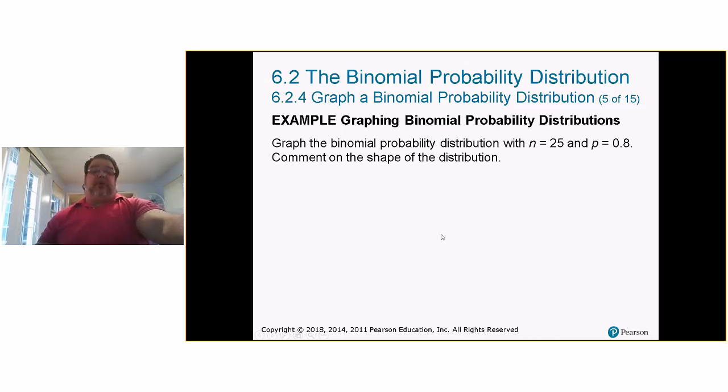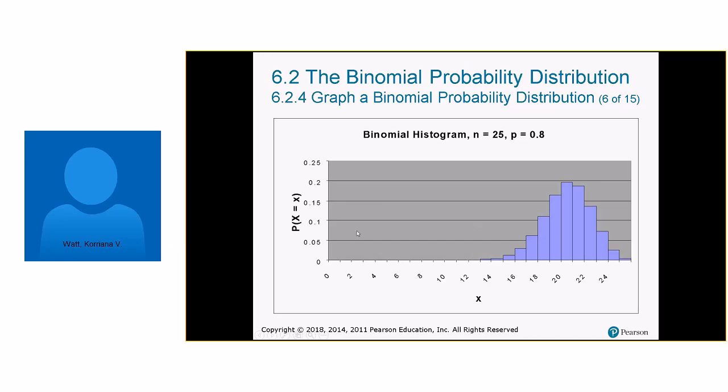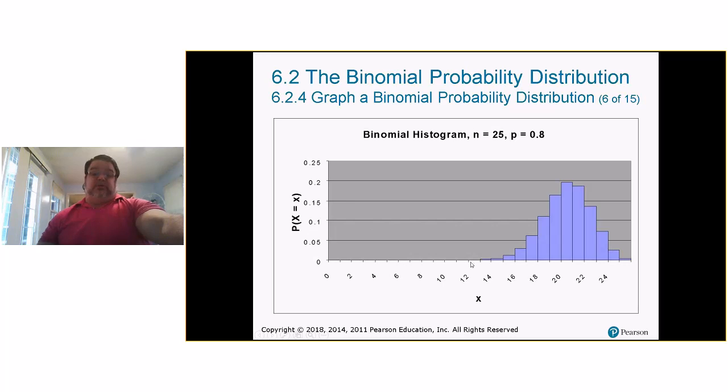This one says graph the probability distribution with n equal to 25 and p equal to 0.8. And there it is. We see that it's pretty much skewed left, meaning that all the data is on the right.